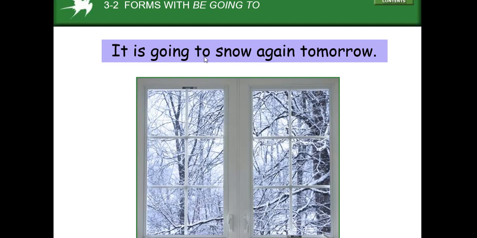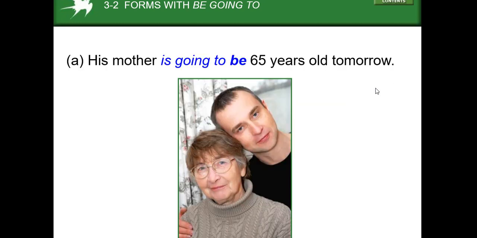Now look at this example. It is going to snow again tomorrow. His mother is going to be 65 years old tomorrow. Why is here?